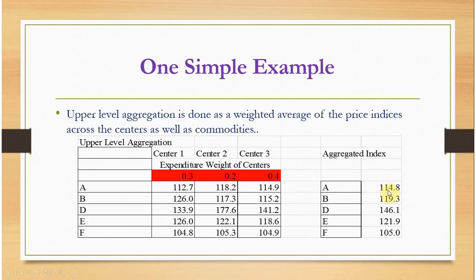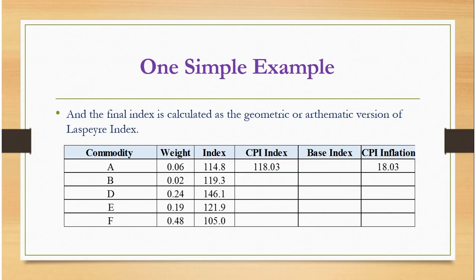So this 114.8 is the weighted geometric average of 112.7, 118.2, and 114.9, where these numbers on the right are used as the weights. Likewise, we calculate the aggregated index for each of the commodity as the weighted geometric mean of the Jevons indices.